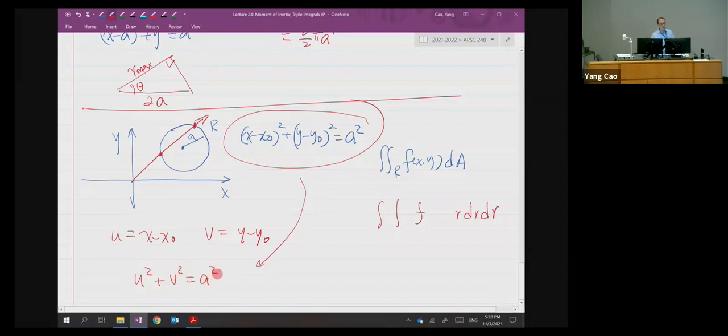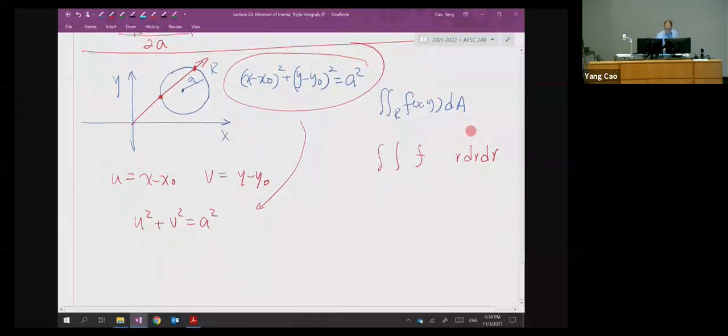It becomes this circle. It's the same radius, but the circle moved from a different center to the origin, right? And we have done that quite a lot. We always use polar coordinates on a circle centered around the origin, and most of the time it works easily. So this is my point here. Change of variable.